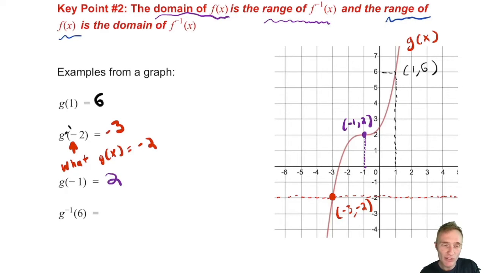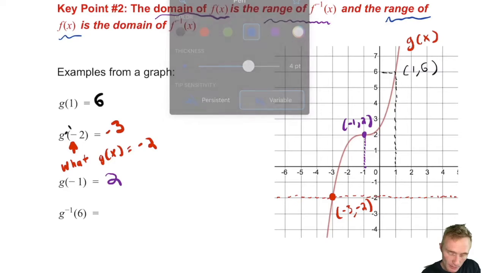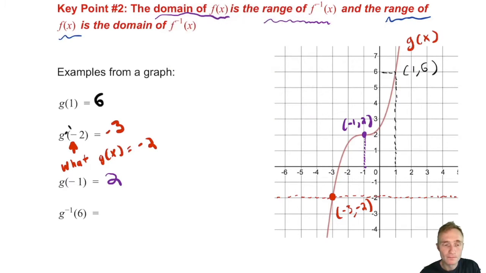Now what I would like you to find is the inverse of g of 6. We'd actually already labeled this one on our paper because we had already done g of 1. If I asked, what value input to g gives me an output of 6, the answer would be 1.